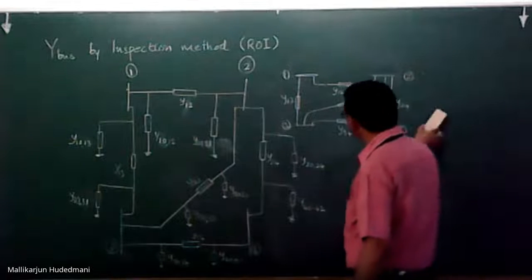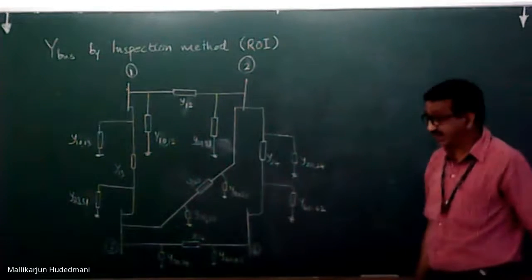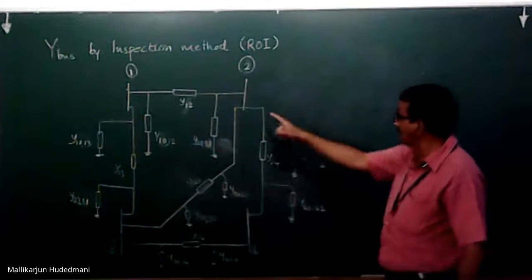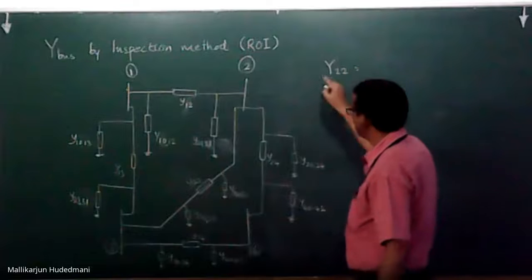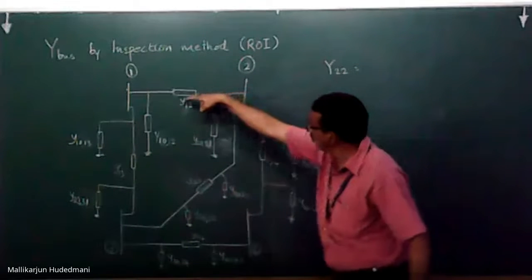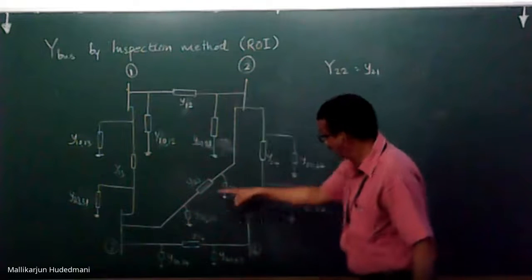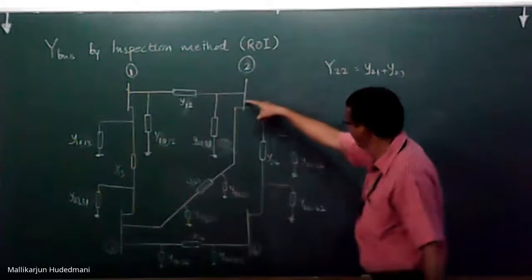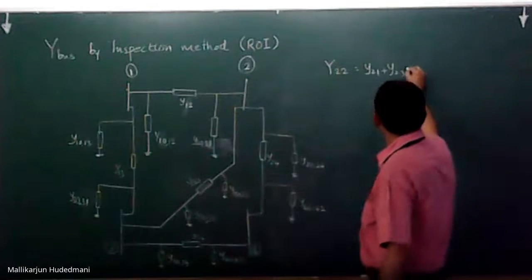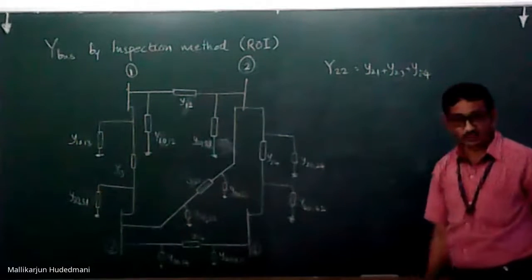Next, like Y11 which I did, if anybody would like to know how Y22 is, I can write it here. So Y22 at bus number 2, how do I write it now? Y21, Y23, Y24. It was earlier like yesterday, as usual.